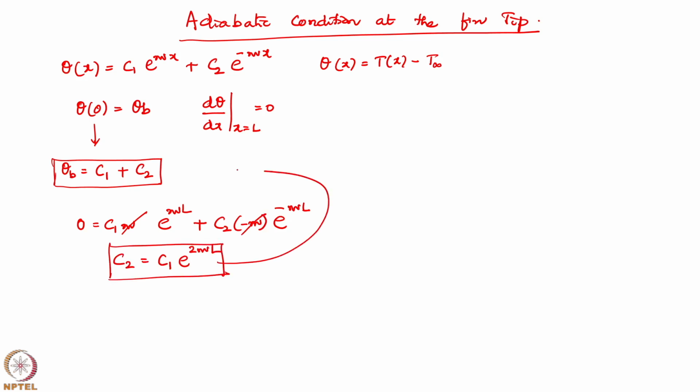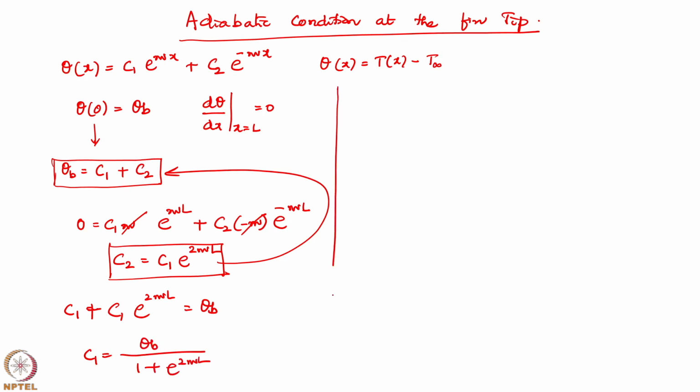If I substitute this here, I get C1 plus C1 into e to the power of 2mL equal to theta b. So, C1 equal to theta b divided by 1 plus e to the power of 2mL. If I substitute C1 and C2, theta of x equal to theta b by 1 plus e to the power of 2mL, e to the power of mx.